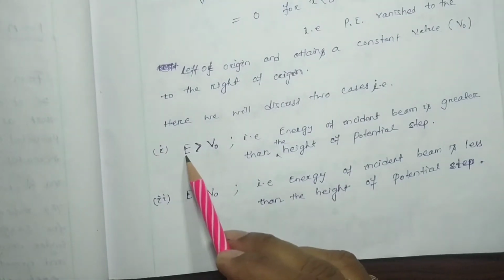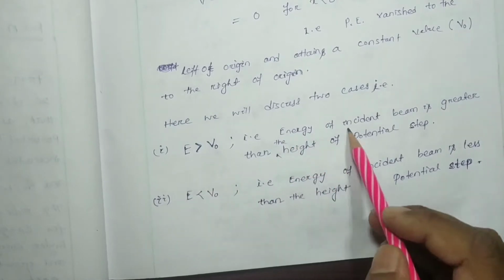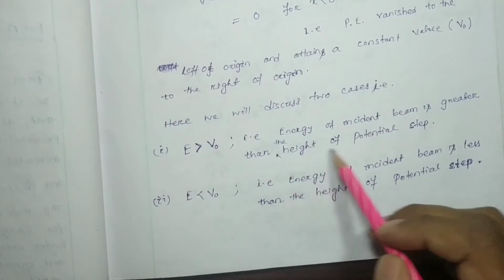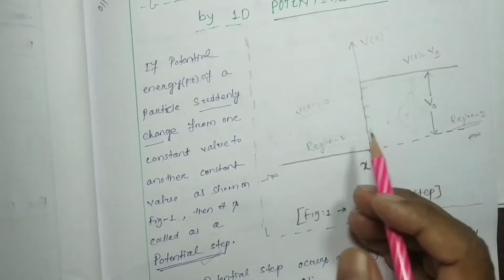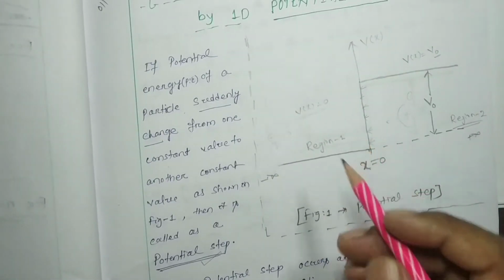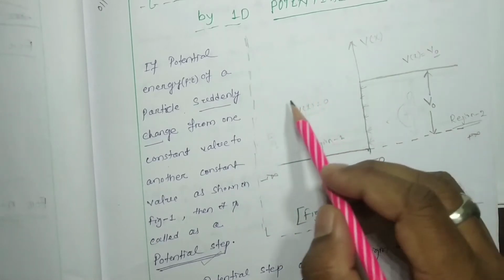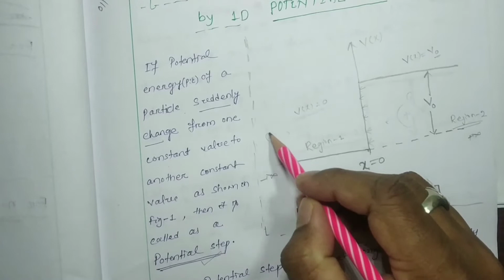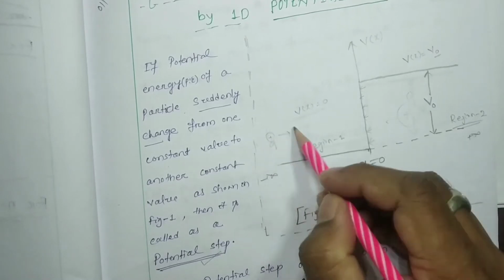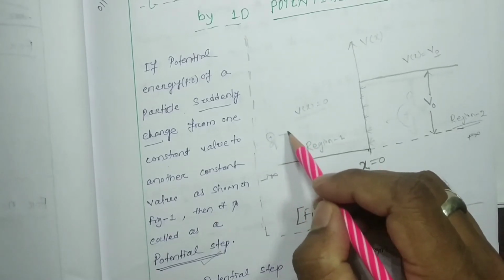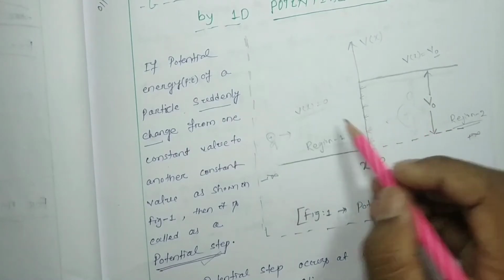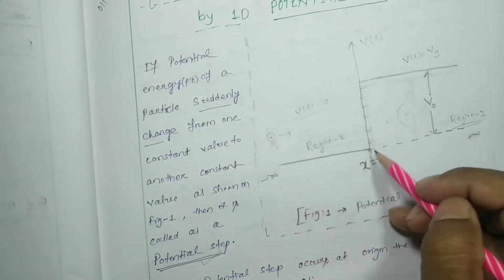So in the first case, E is greater than V0, that is, the energy of the incident beam is greater than the height of the potential. The kinetic energy of the particle is greater than the repulsive force the particle perceives at x equal to 0.